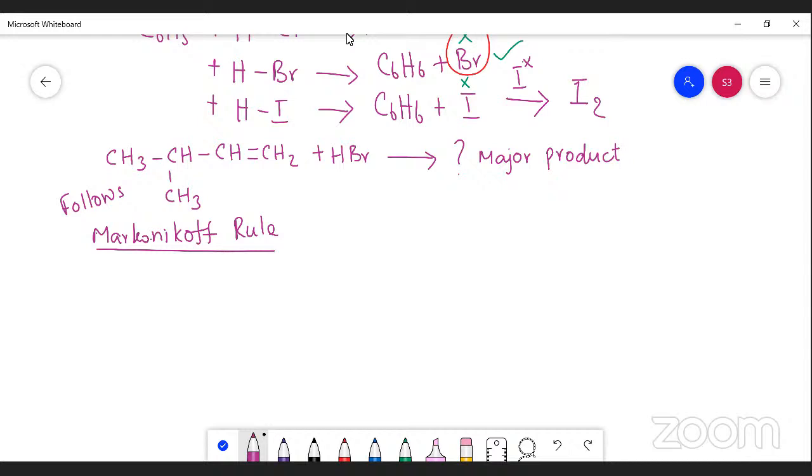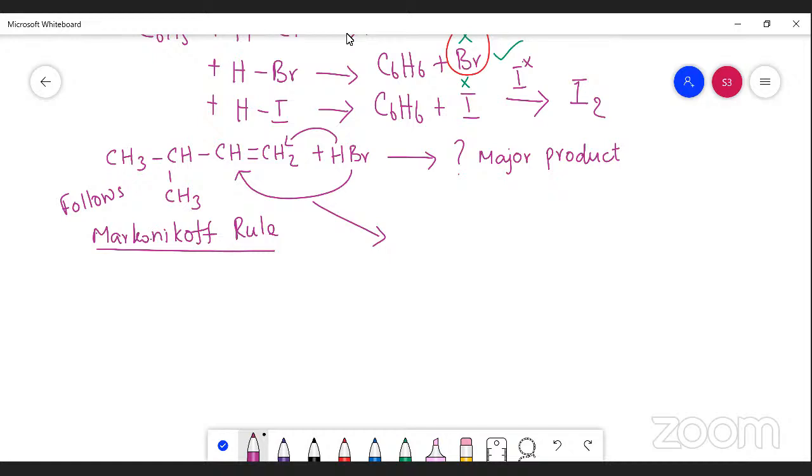The major product is that the negative part of your adduct is going to attack the carbon which contains the least number of hydrogens. Correct? So what is the product? Suppose Br is going to attack the CH, and hydrogen is going to attack the CH2.